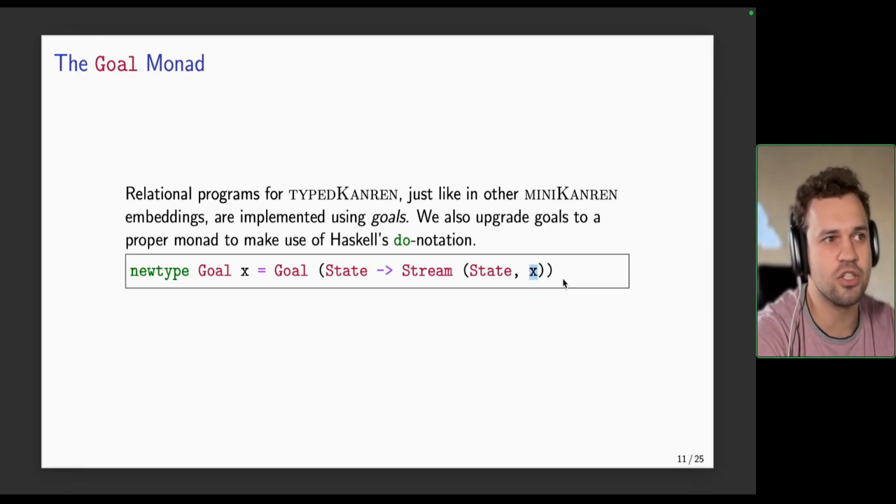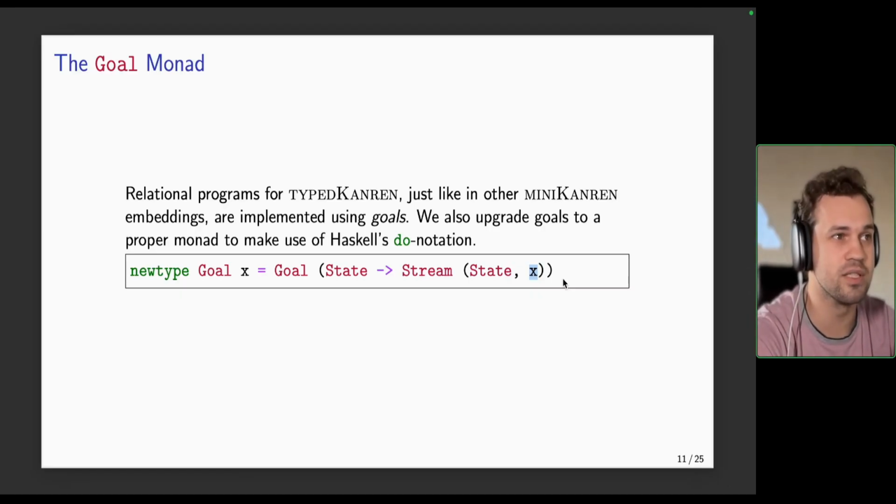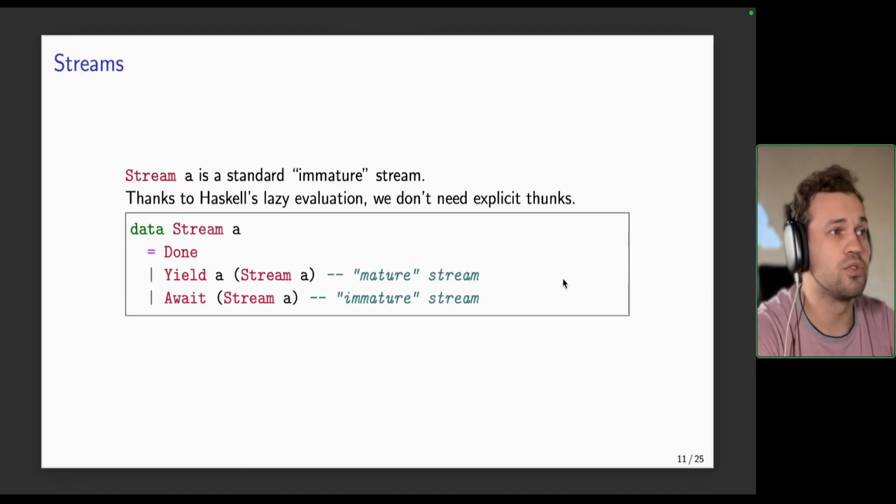One is that generating fresh unification variables works inside of a Goal, and the new variable is returned as the result. But this also enables the use of the do notation, which makes writing some of the typedKanren programs very concise. The streams here are specifically the so-called immature streams that are either done, or yield something, or they await the result.